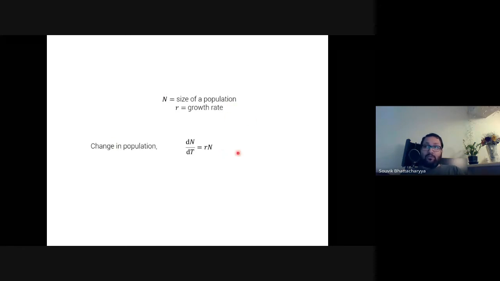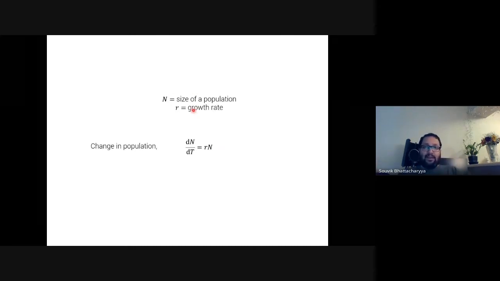In the case of the deer population in Ramana Bagan, r was 0.1 and N was 10. So the change in population would be 0.1 multiplied by 10, which is equal to 1. So every year its population is going to increase by 1.